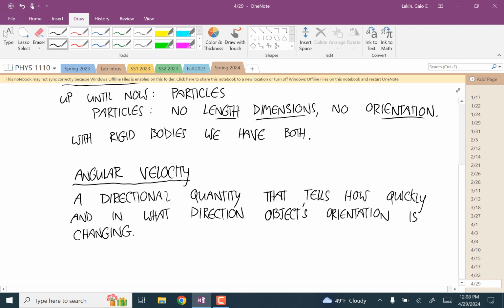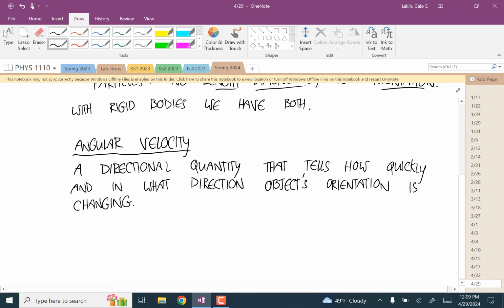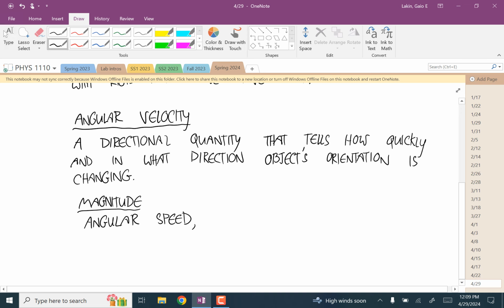All directional quantities have directional information and magnitude information. So I'm going to think of this the same way, even though this isn't really a vector. Well, it turns out it is a vector, but in this class, we're not going to think about it that way. So the magnitude of the angular velocity is the angular speed, and RPM is an example of an angular speed.